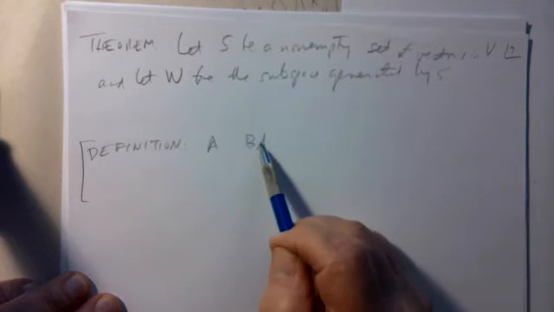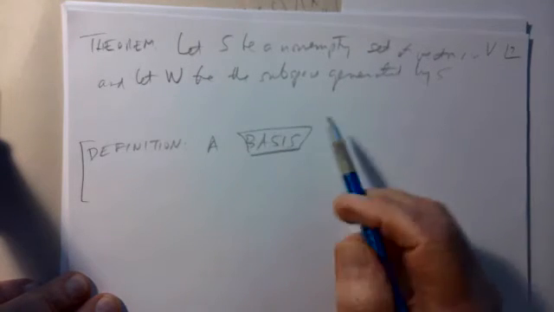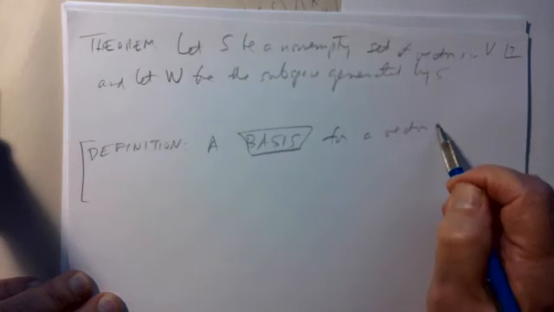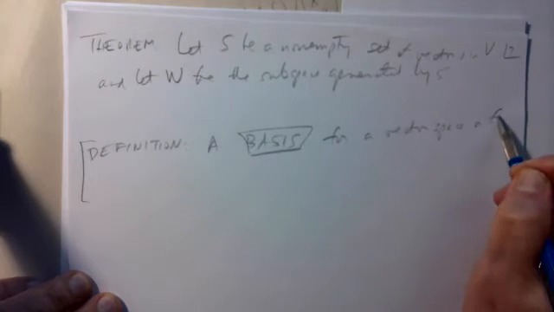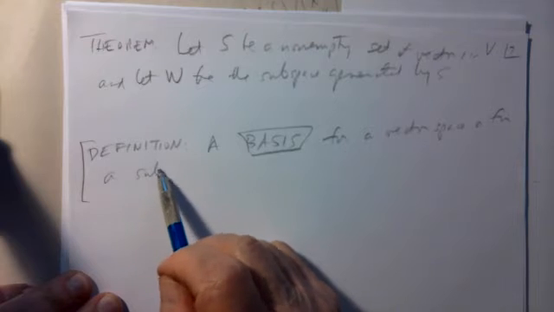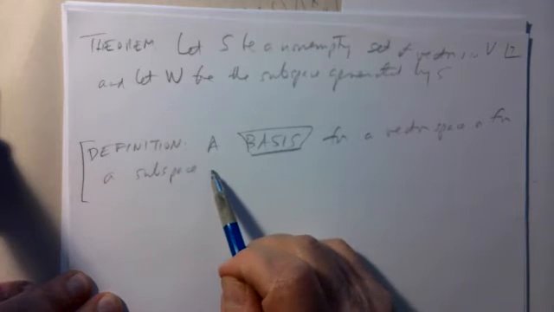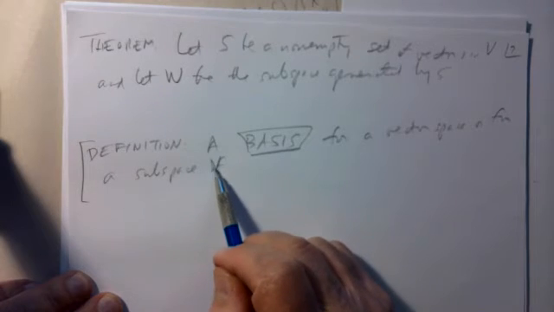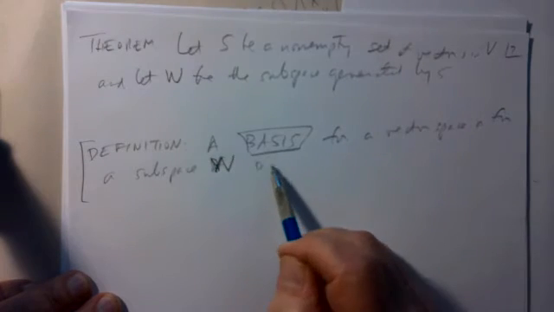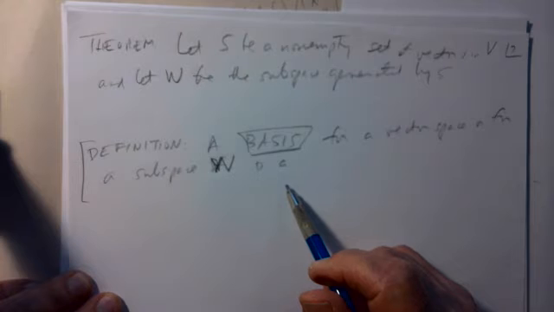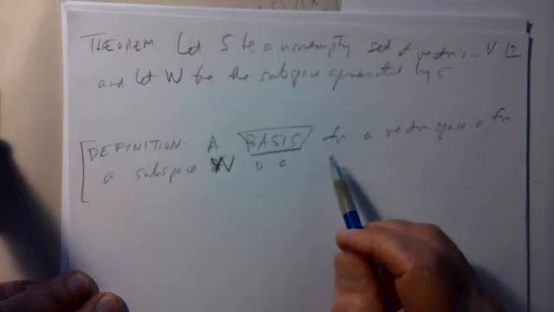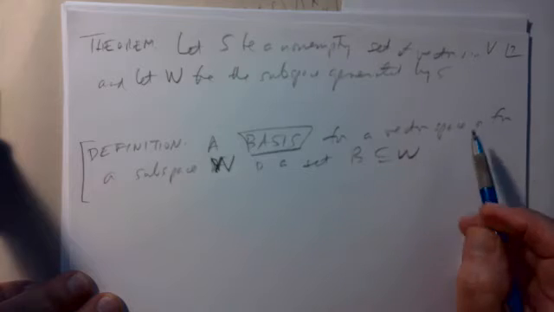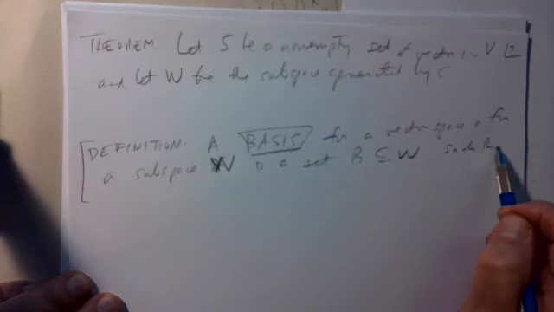A basis for a vector space, or for a subspace of the vector space, is a set B contained in the subspace with the following two properties.